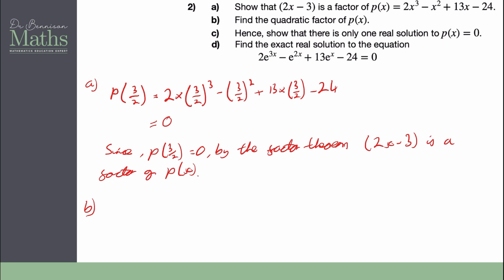So for B, I'm going to find the quadratic factor. So I'm going to say that 2x cubed minus x squared plus 13x minus 24 is equal to 2x minus 3 times a quadratic.